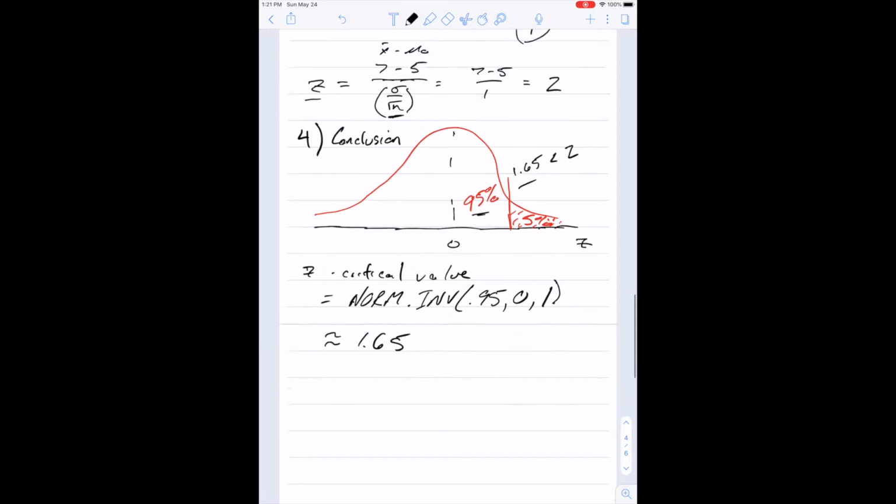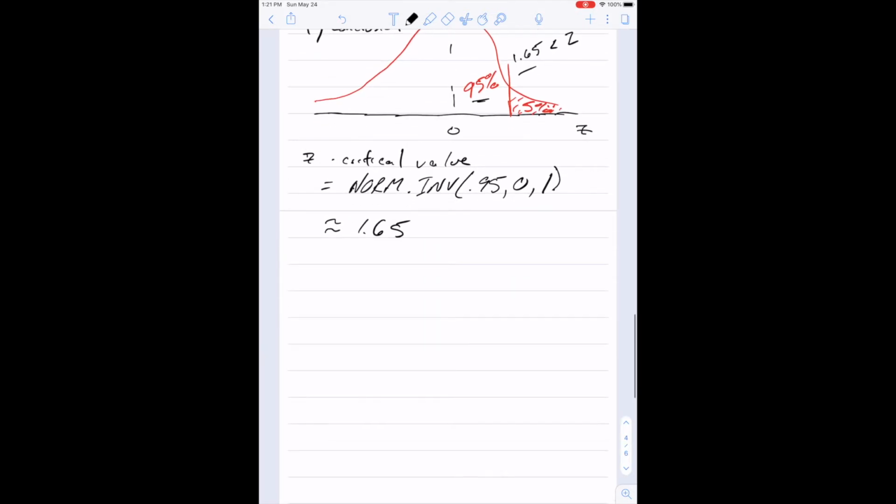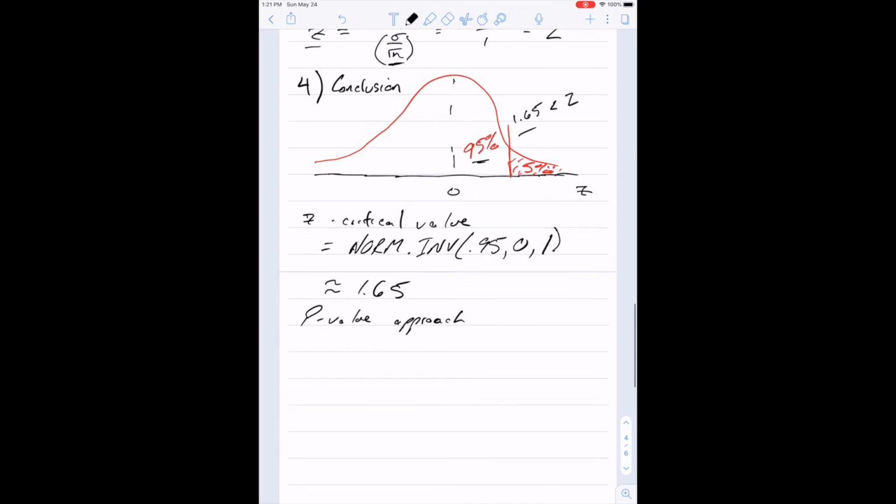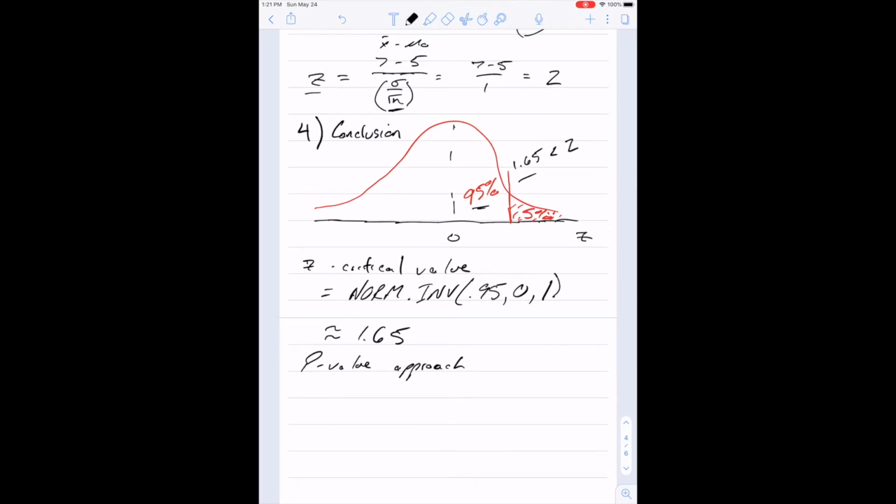But that was the critical value approach, right? So notice another thing that I could do to get the p-value approach is I could say, well, what is the area? So I know 2 is farther away from 0 than 1.65, right? That's 2 right there.